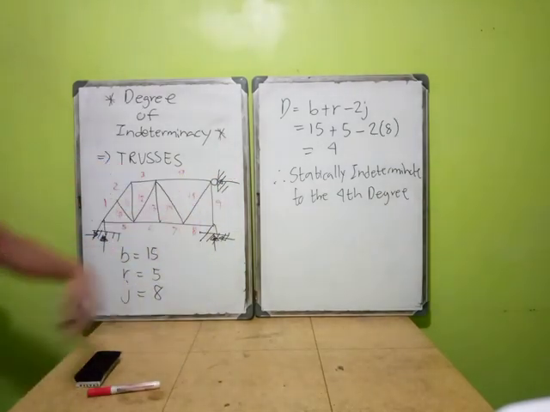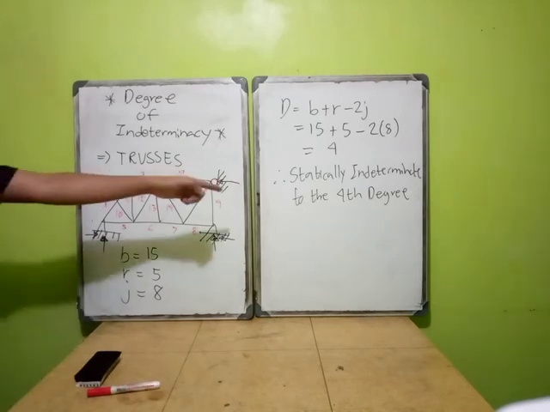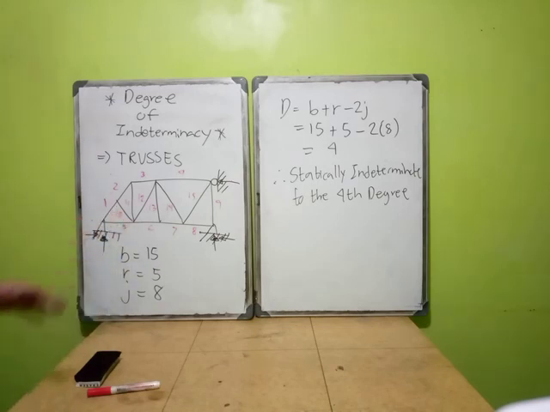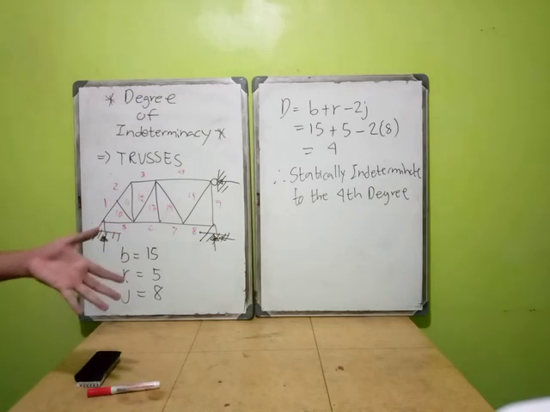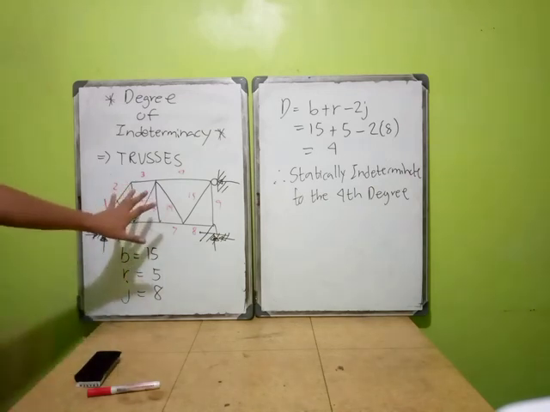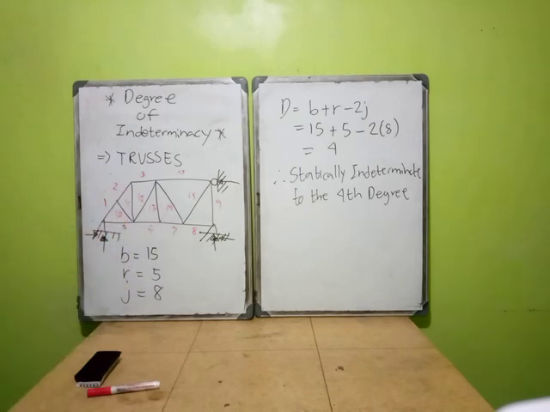Ibig sabihin lang, kasi statically indeterminate siya, uulitin ko, hindi mo siya ma-solve using summation ng ordinary formulas ng statics na yung summation of forces x, summations of forces y, and summation of moments is equal to 0. Kahit anong gawin mo, hindi mo siya ma-solve using only those three.